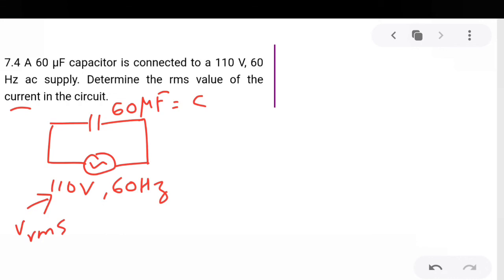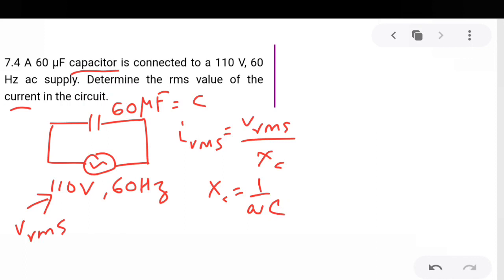Again using Ohm's law, IRMS is equal to VRMS divided by the term which opposes the current. Here you have a capacitor, so you have capacitive reactance XC, where XC is equal to 1 by omega C, that is 1 by 2 pi times frequency multiplied by C.